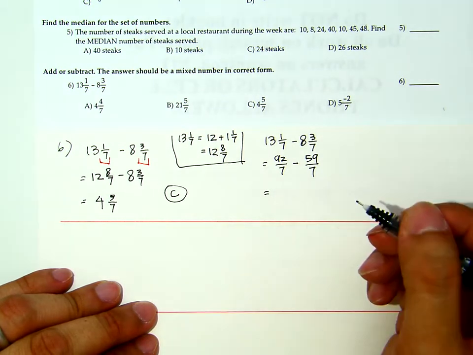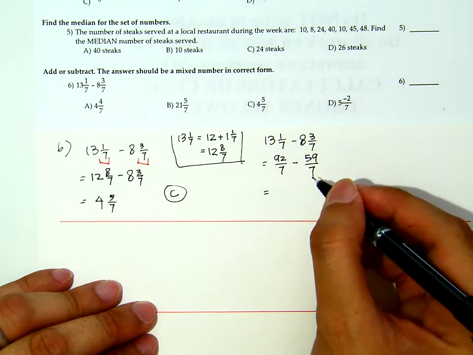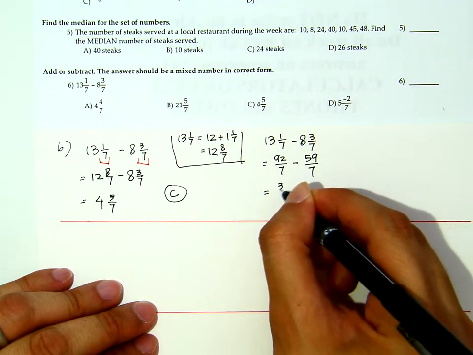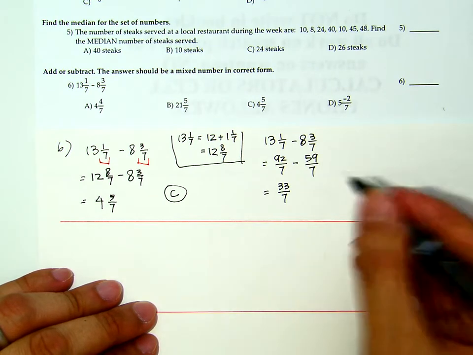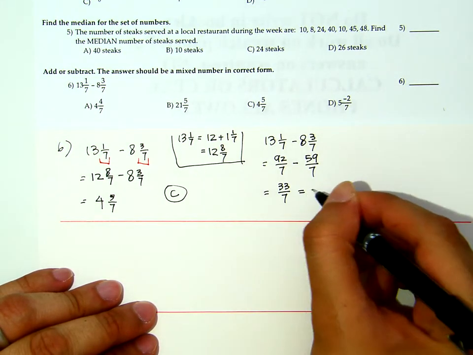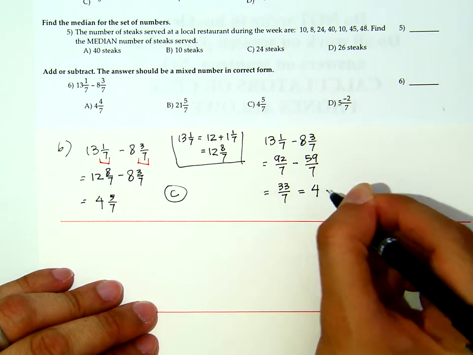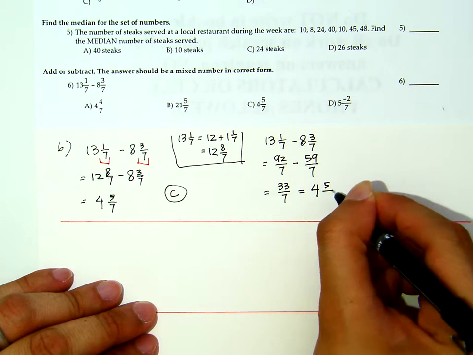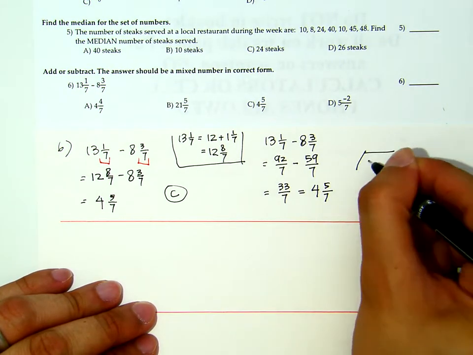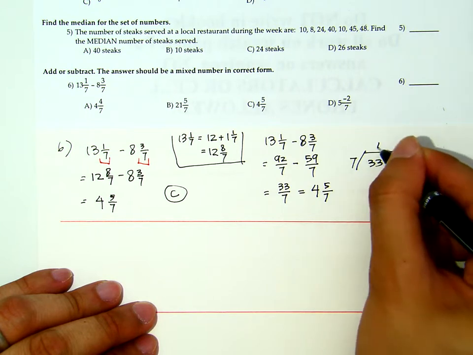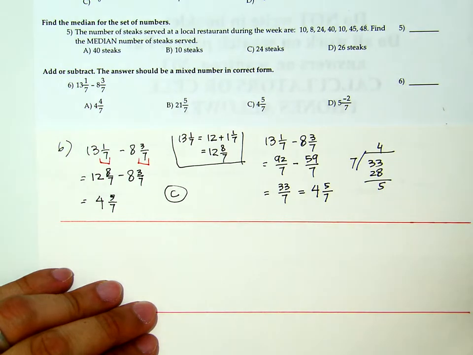When we subtract, I think you will get 33/7, which if we change that into a mixed number, that will be 7 goes into 33 4 times, and the remainder is 5, becomes 5/7, right? Let me do it here. 33 divided by 7 is 4 times, 4 times 7 is 28, the remainder is 5, right?